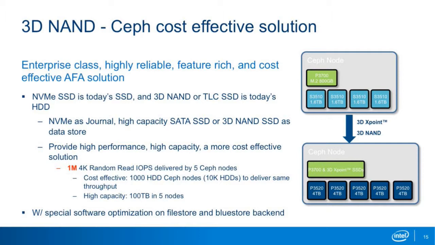We're going to deliver 4 to 8 terabytes by this year and the middle of next year. So you can create large storage by using fast 3D XPoint as well as 3D NAND SSDs.